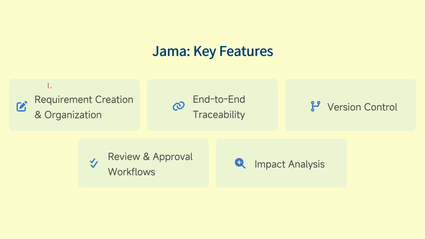The second one is end-to-end traceability. Traceability we have learned in the prior slides. So, from the requirement till where it is, it could be traced. Say, for example, you have identified a bug and you want to identify which requirement it is linked to. You can do that in your JAMA.